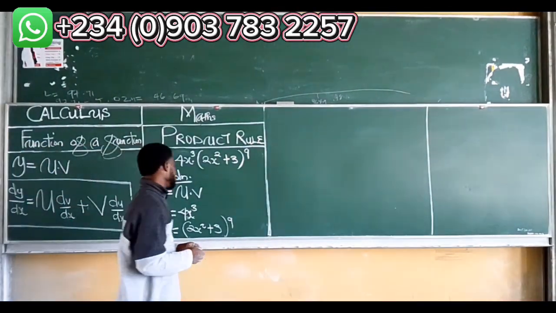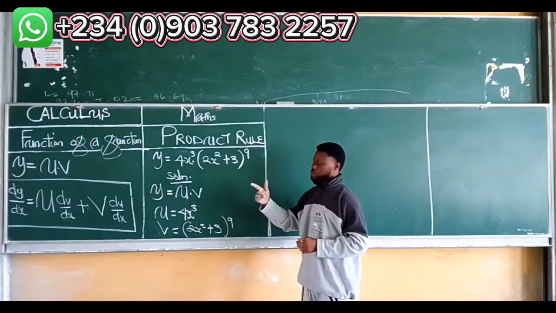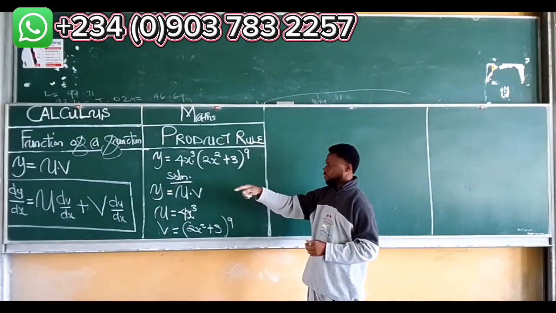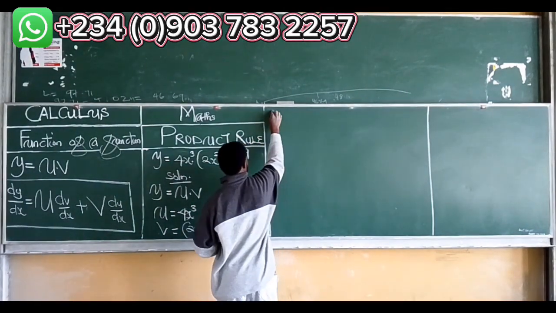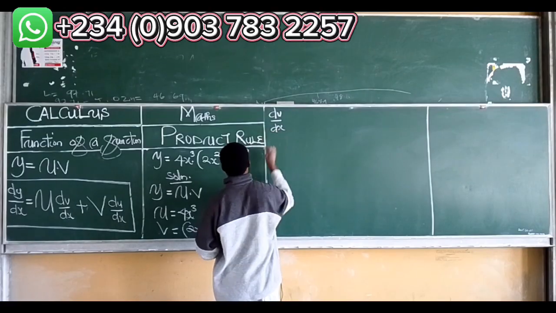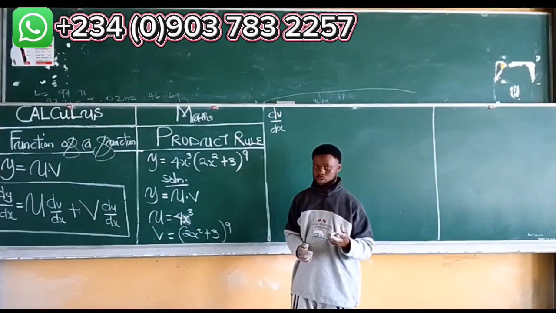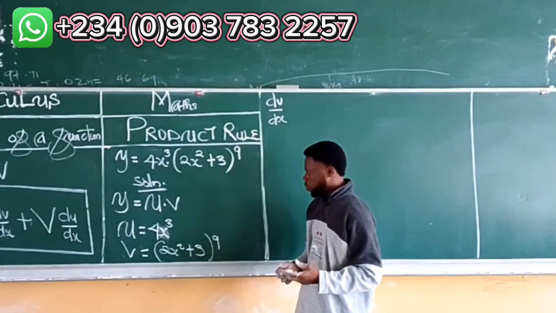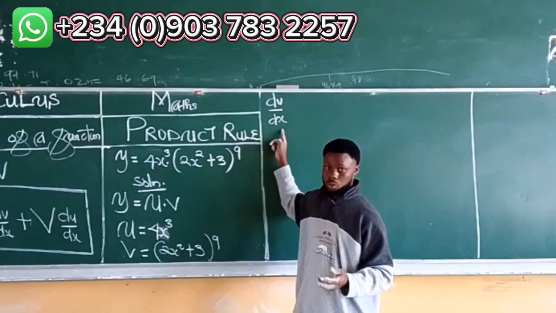Then again, we have to determine the derivative of v with respect to x from that general formula given to us. When we say dv over dx, we are considering the function that is made up of only two letters, v and x alone.